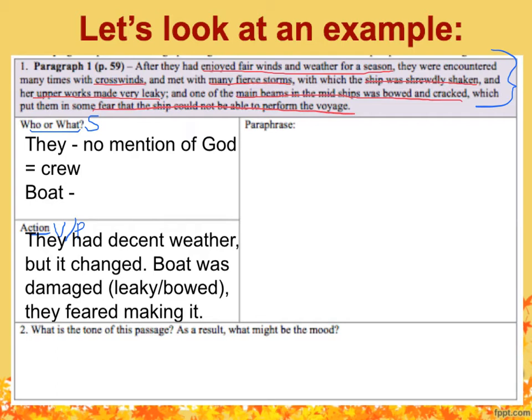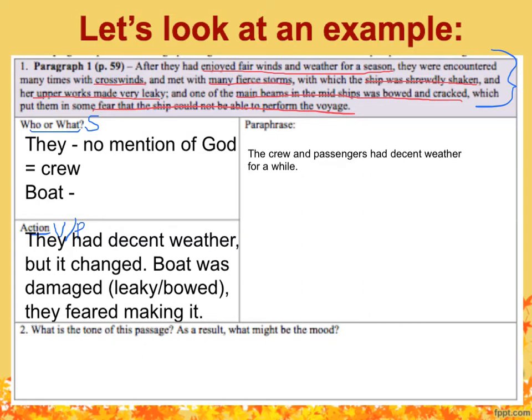So I'm going to kind of put together, I know that it talked about they and the weather and what the weather did to the boat, and then as a result, how that affected the people. So I'm going to say the crew and passengers enjoy, I'm going to say they had decent weather for a while. Now, I know it's a while because it says for a season.